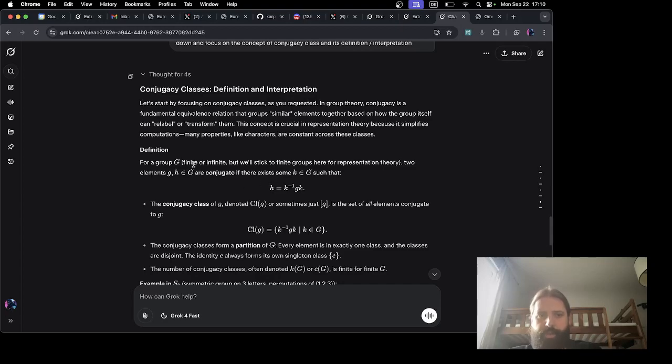A group is just a set of elements. These elements represent transformations. And when you're doing representation theory, that's exactly what you're doing. You're instantiating these representations. The only thing the group is telling you is it's giving you structure over these transformations.